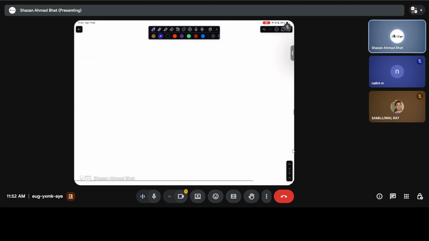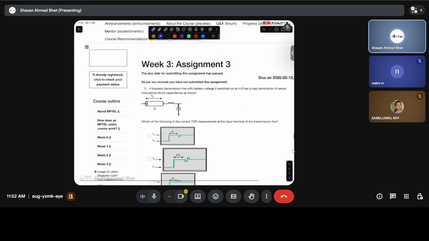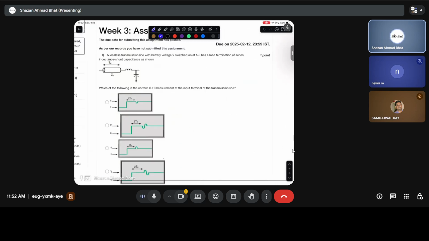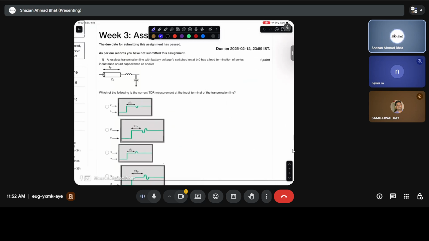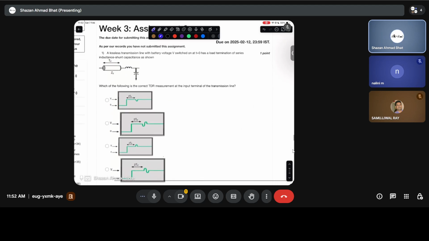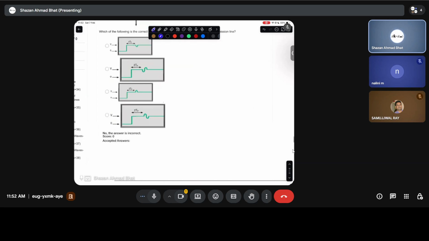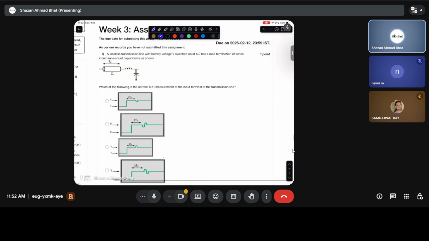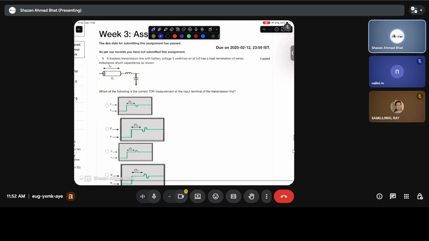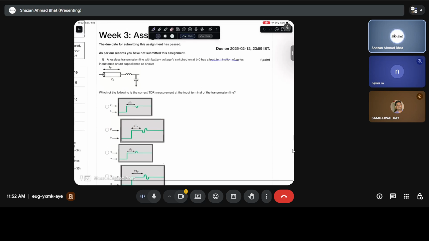Now, if we, for example, check the questions to see how it's going to behave, let's for example see: if you have a capacitive network, a lossless transmission line that has a termination of a series inductance and shunt capacitance.